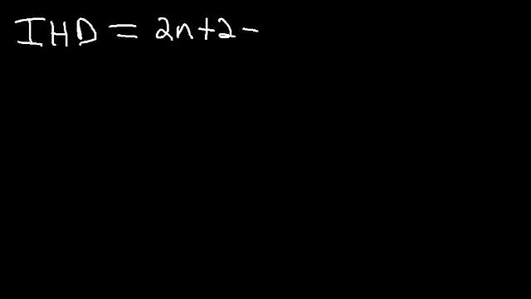The next topic that we're going to discuss is something called IHD, Index of Hydrogen Deficiency, also known as degrees of unsaturation. And it's equal to 2n plus 2 minus the number of hydrogens, divided by 2.